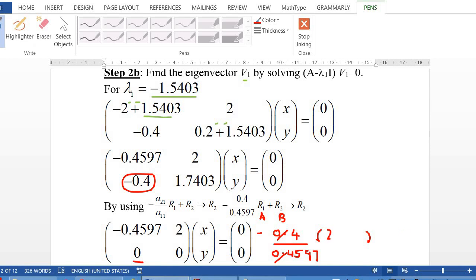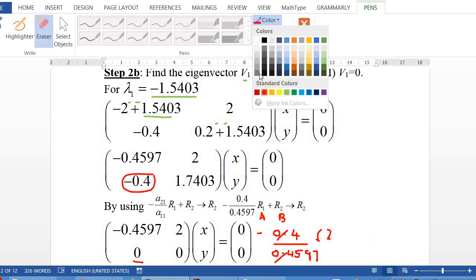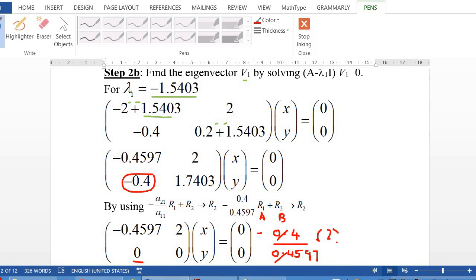Row 2 value, this one I erase first. Your row 2 value is actually plus 1.7403. This one if you calculate manually.